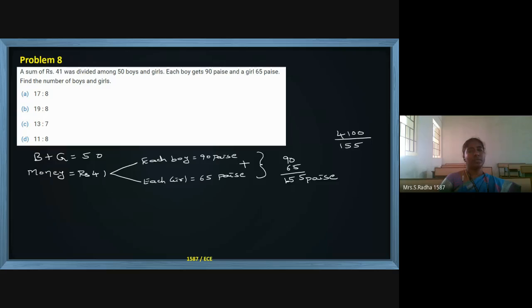The total of boys and girls should be 50. If you cancel with 5, it is 820, and if you simplify again, this is the prime number 31. Here it will not work.